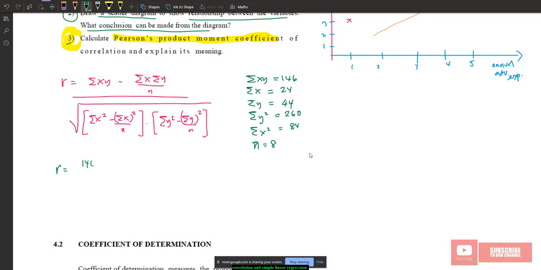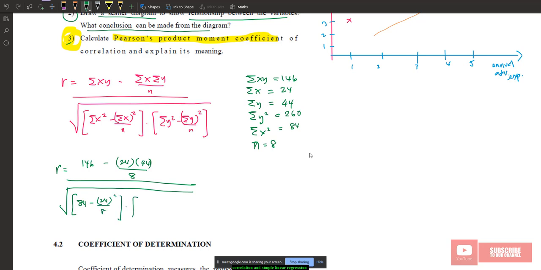So this is 146 minus, this is 24 multiplied with 44, divided by 8. Everything divided by the square root of the first part, summation of x squared, 84 minus 24 squared over 8, multiplied with 260 minus 44 squared divided by 8.